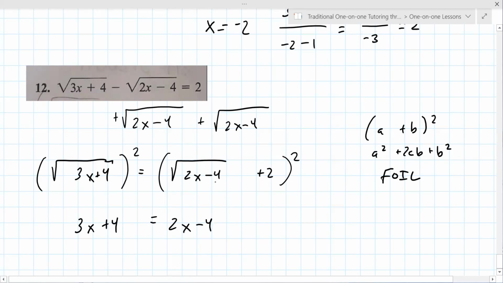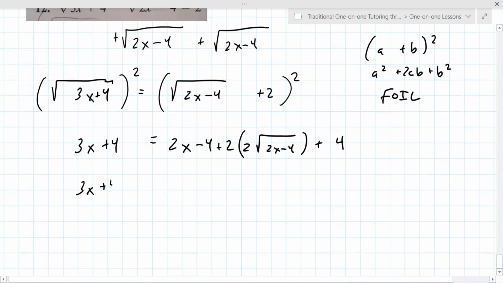Then you take these two together, so it's 2 times the square root of 2x minus 4, but then you double it, that's this 2 on the outside. And then you square the last one, which is 4. Is that okay? Yes. All right.